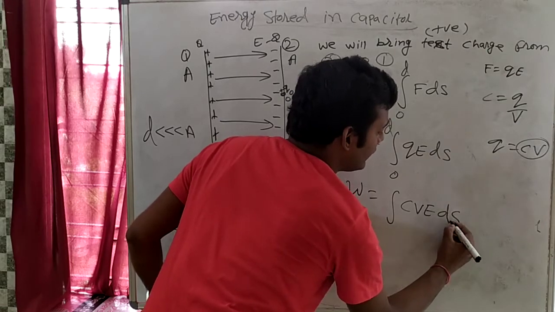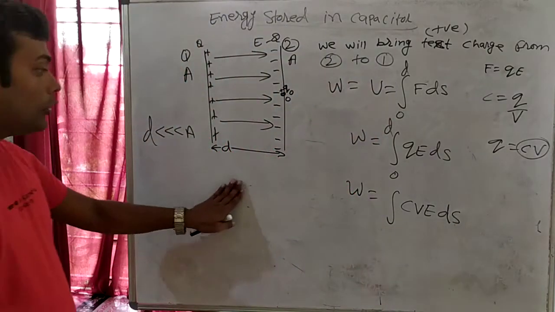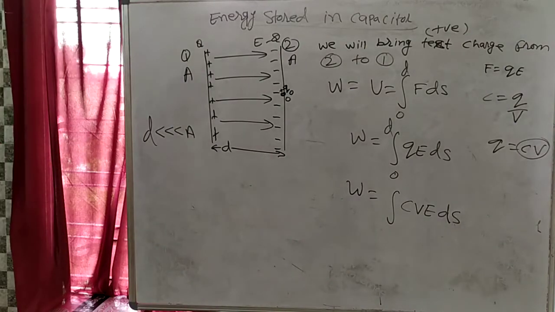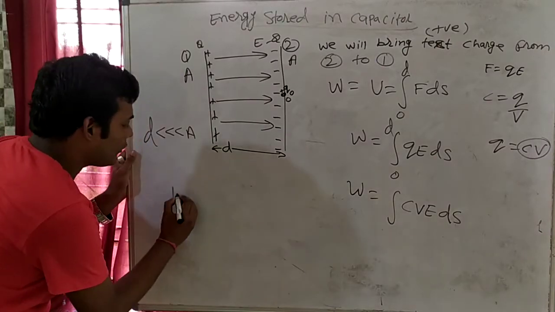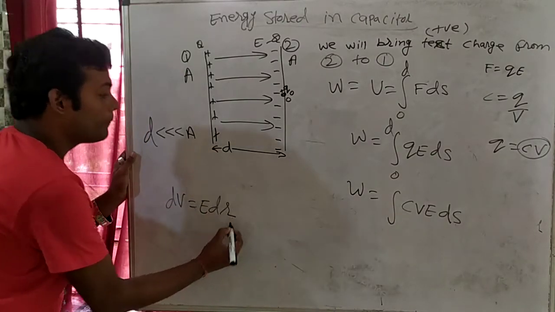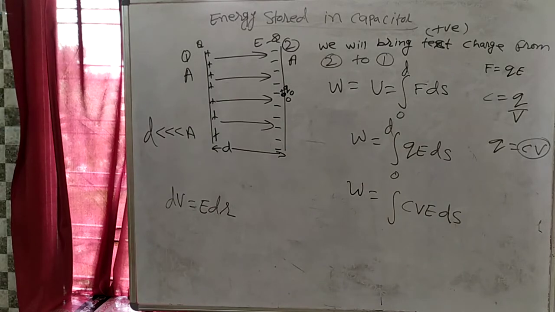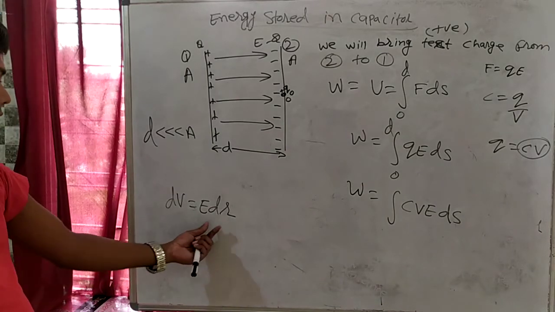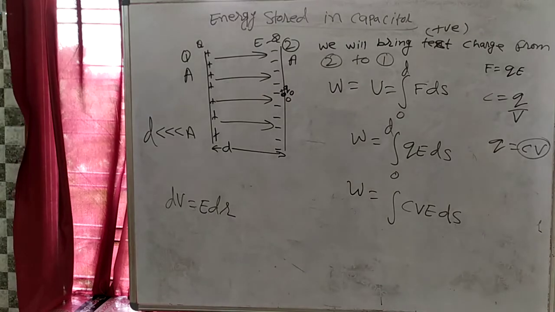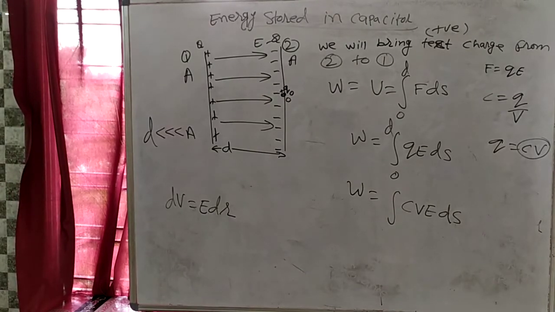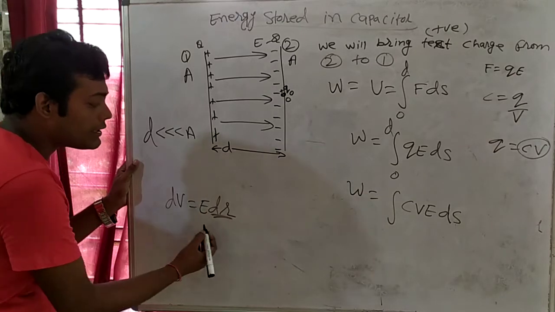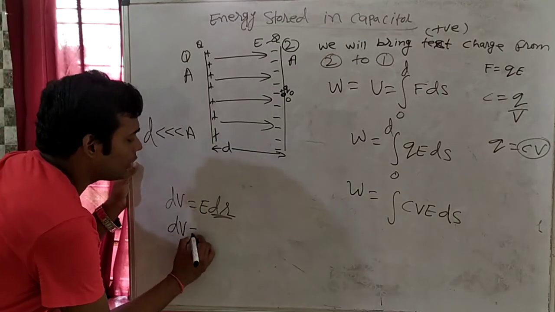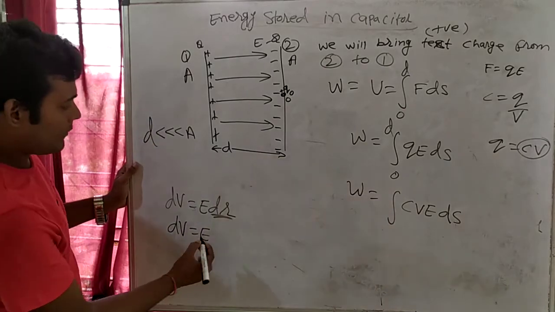Now you know one thing, that dV is equal to E dr. So dr is equal to dV by E. Here dr is distance, and since here I have taken distance as s, we can write dV is equal to E ds.